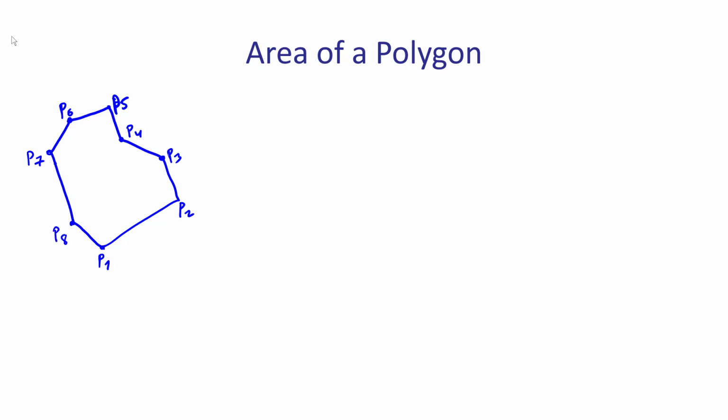How can we compute the area of that kind of polygon, which is given by just the coordinates of the points from P1 to P8? We will select some point in the middle somewhere, which we'll call P0, and we will connect that point to each one of those points. So this point will be P0 inside.